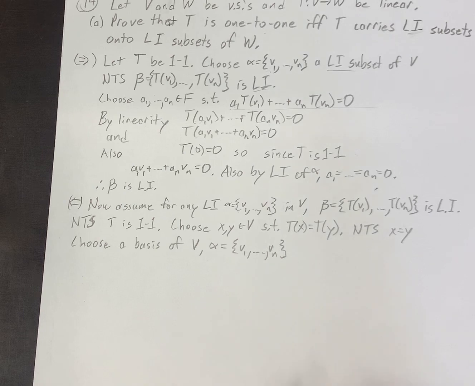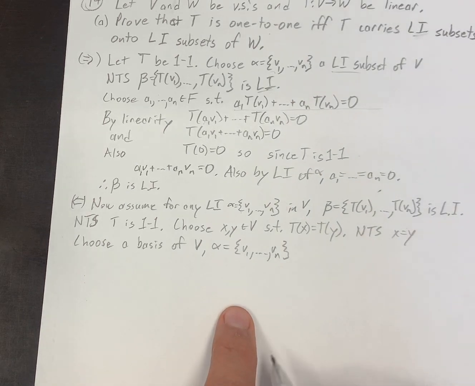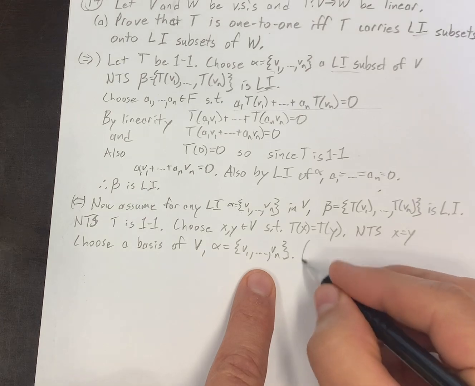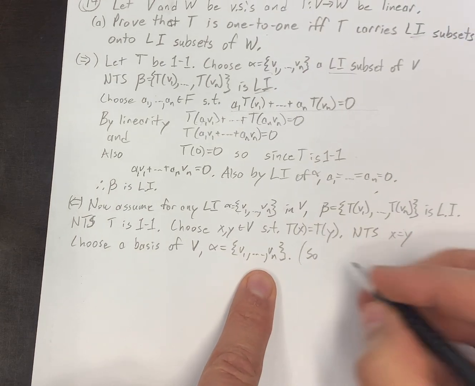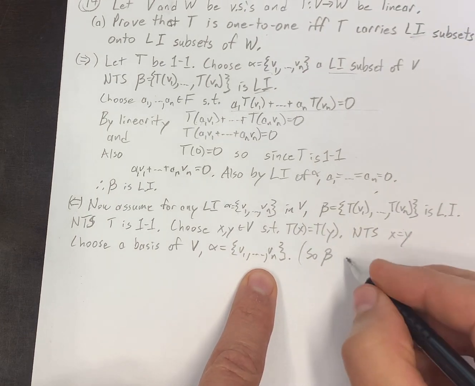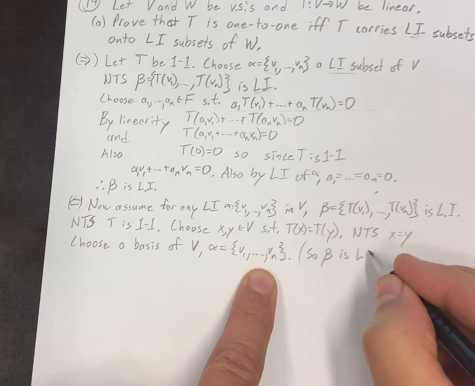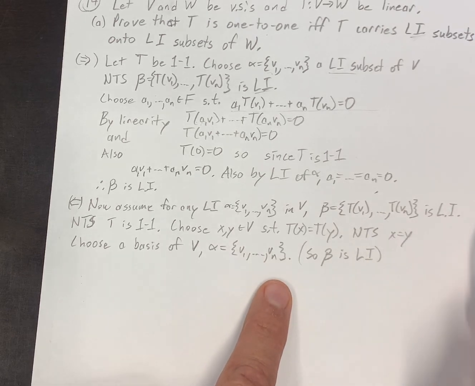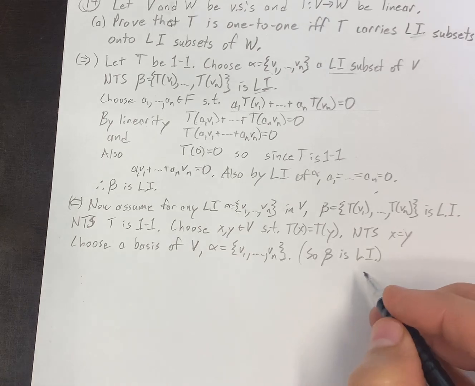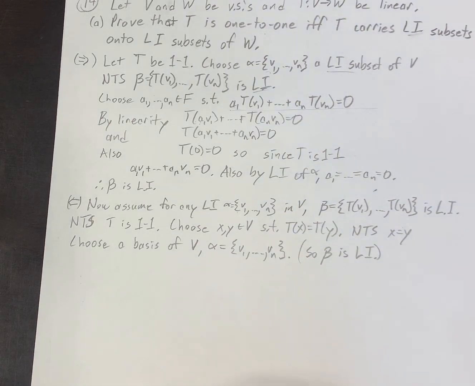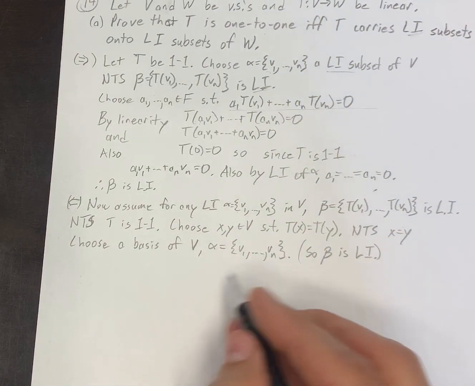Now remember what we get for free in our hip pocket, and you don't have to say this, is that beta is linearly independent. We're going to have to use that somehow to get back. Okay, so this is a basis.